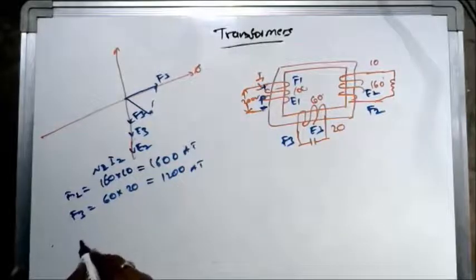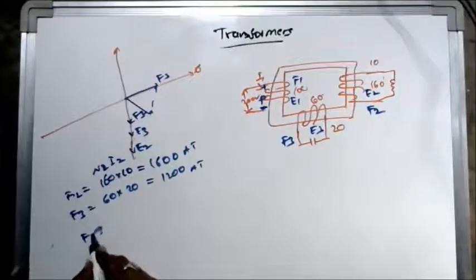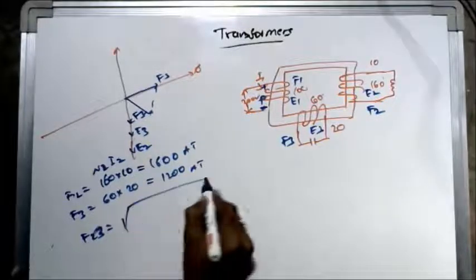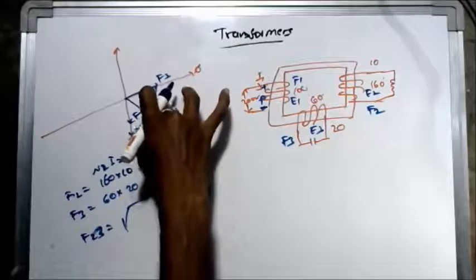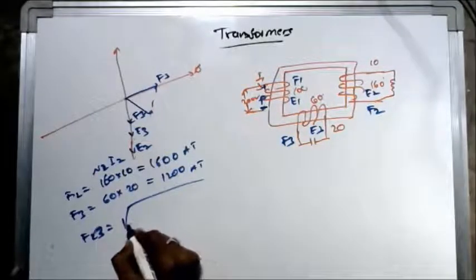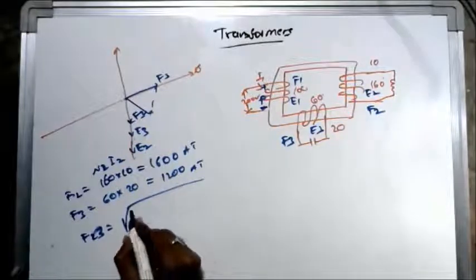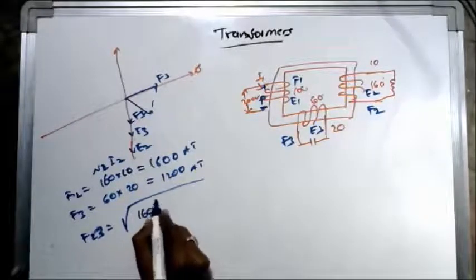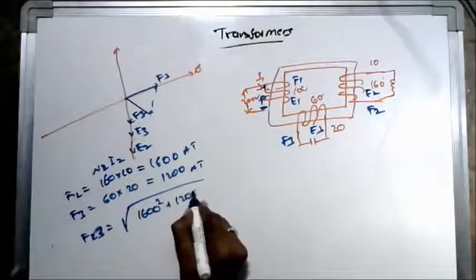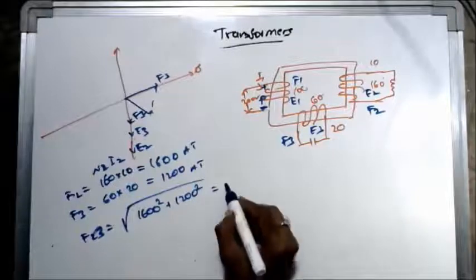Now F23 is equal to the root of, because these two are 90 degrees displaced, we can use the Pythagoras theorem, 1600 squared plus 1200 squared. Computing these, we get 2000 ampere turns.